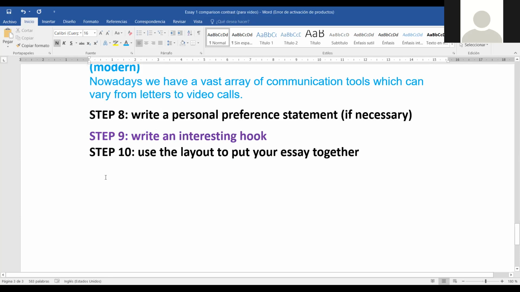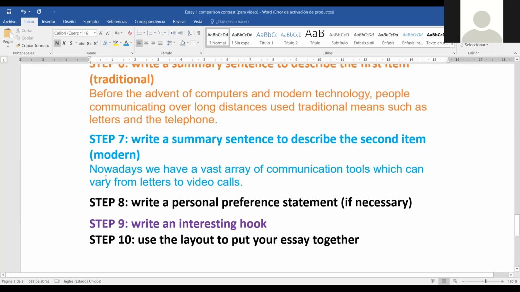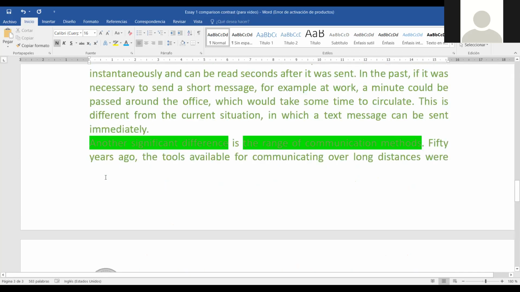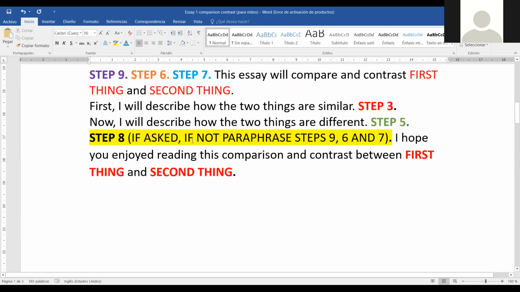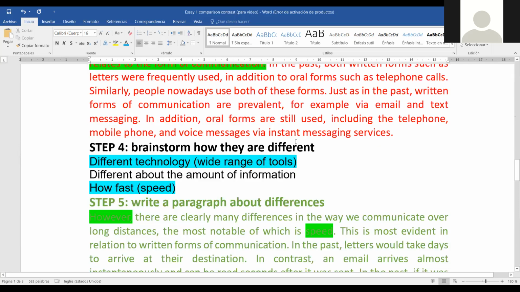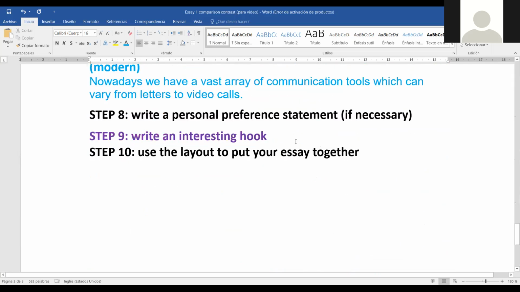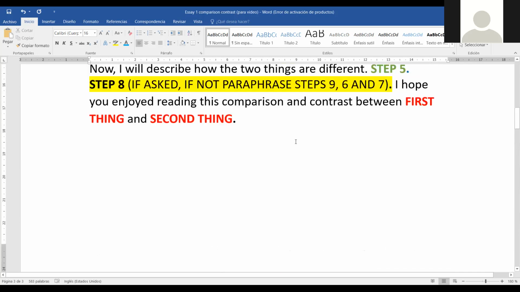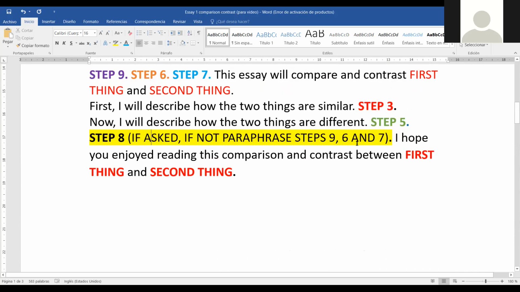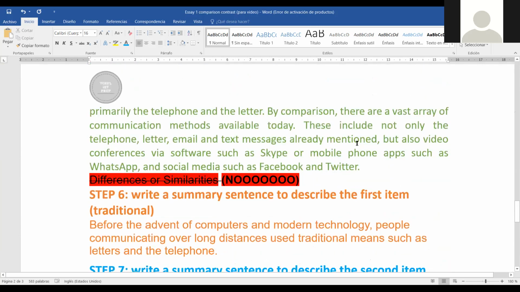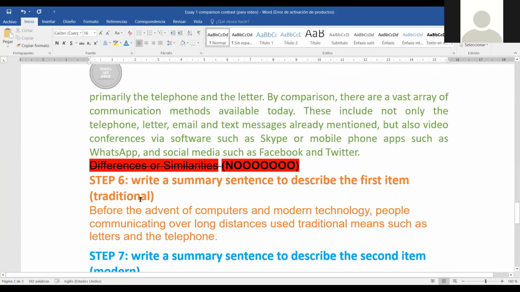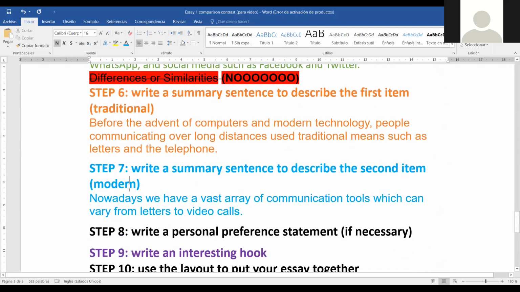So we are gonna go to number 9, but just a second. It says here that if asked, if not, paraphrase steps 9. Yeah, step 9 is the hook that I'm gonna explain to you in some minutes. Then steps 6 and 7. Step 6 is about the first thing, which is traditional, and step 7 is about the modern ways.